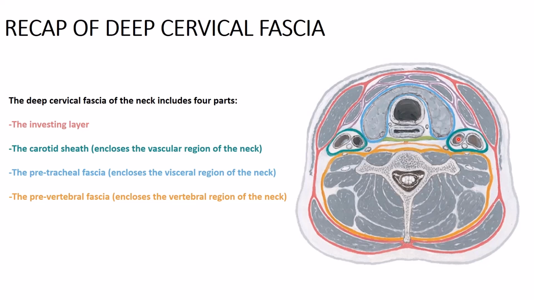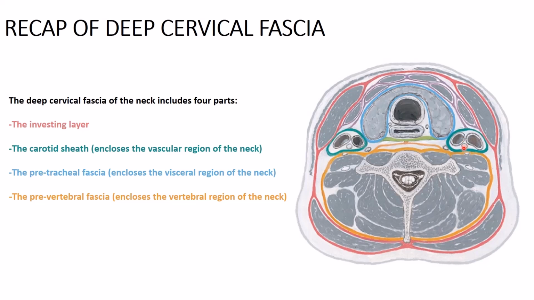This is the internal jugular, the most lateral compartment of the carotid sheath, and this is the common carotid. First, it's common carotid. Then, of course, as we all know, it splits into internal carotid and external carotid. The internal carotid will continue in the carotid sheath, while the external carotid lies outside it. Posterior to them is the vagus nerve.